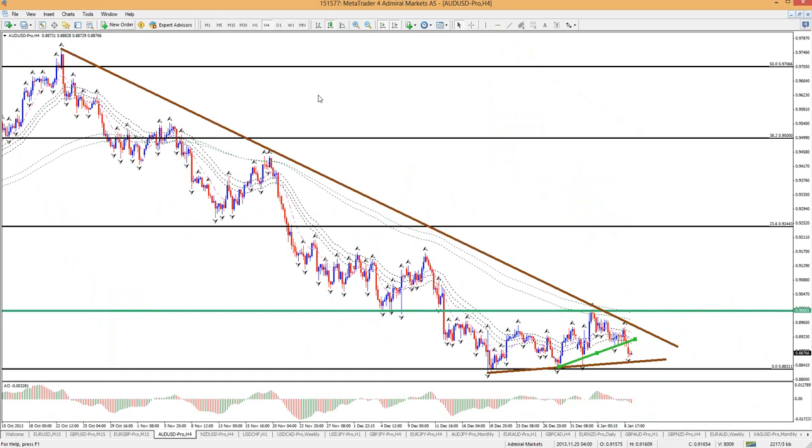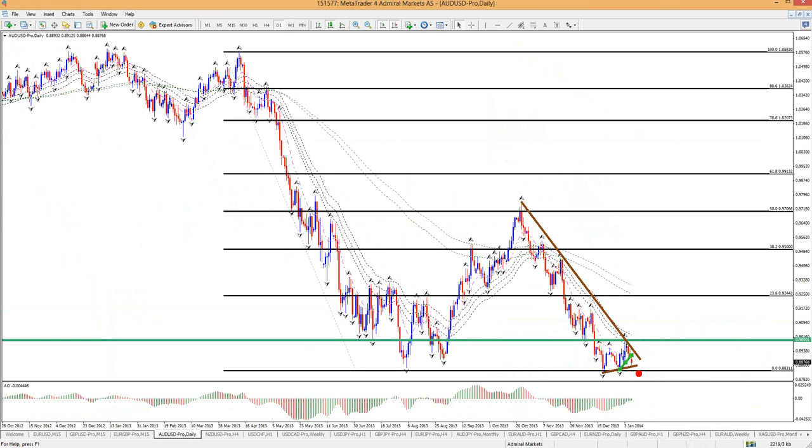I guess that's really it, because otherwise, if we don't break, there's of course the potential to bounce off this support, but then it would really have to break above 90 for me, at least. 90 is a resistance spot, this top here on the daily chart.